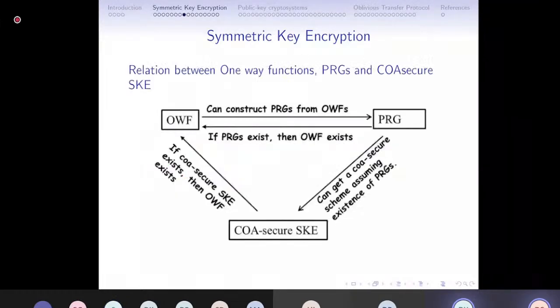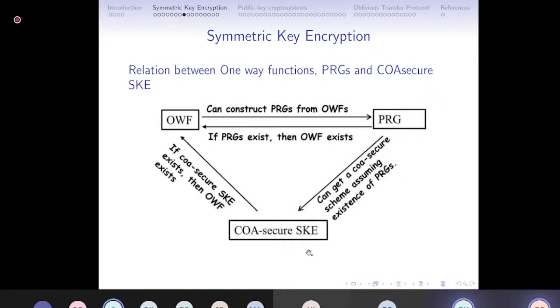Before moving on to that topic, first we see the relation between the one-way function, PRG, and the ciphertext only attack symmetric key encryption scheme. As you can see in this diagram, if a one-way function exists, then a pseudo-random generator exists. And if a pseudo-random generator exists, then we can construct a secure ciphertext only attack symmetric encryption scheme.